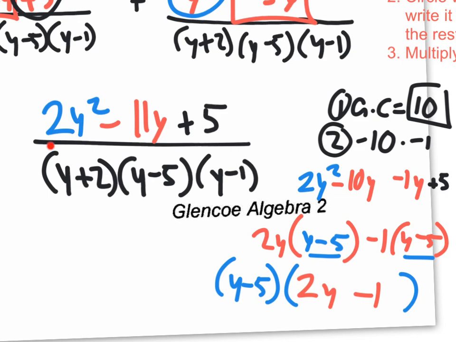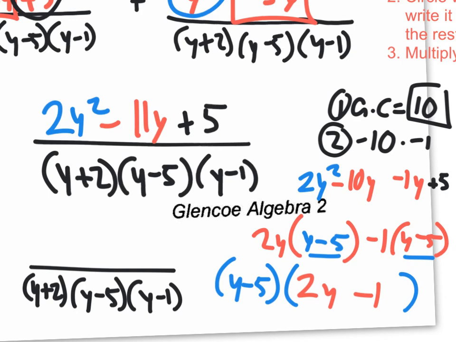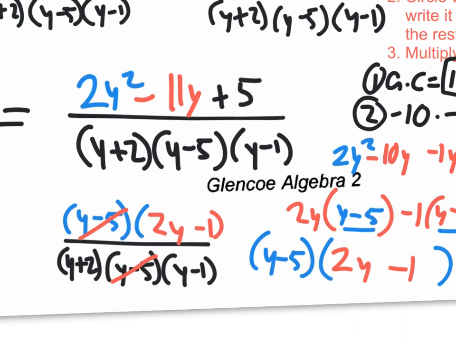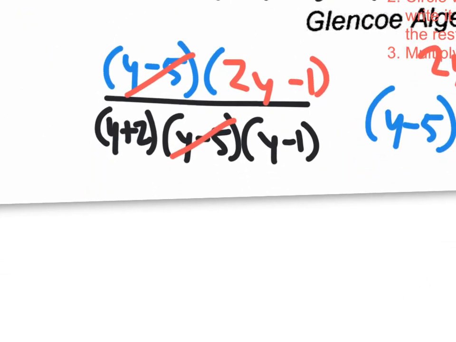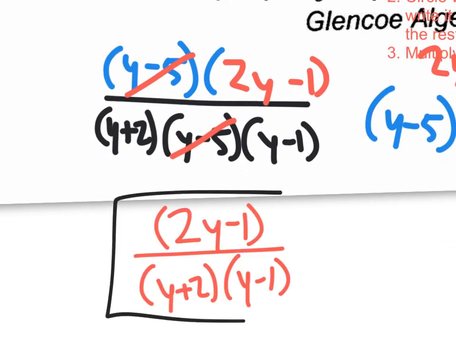So let's rewrite our complete answer, but instead of the above, let's write this factored form of it. There's your denominator. Let me write down the new factored form of the numerator. And now we could finally look at it and cancel out the y minus 5 that's on top with the y minus 5 that's on the bottom, which leaves you with your final answer, which is 2y minus 1 over y plus 2y minus 1.